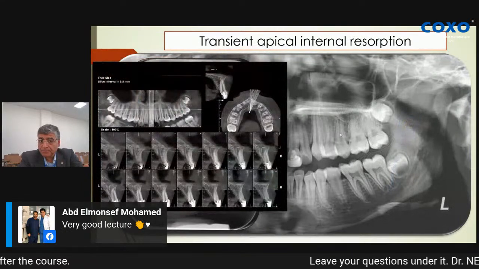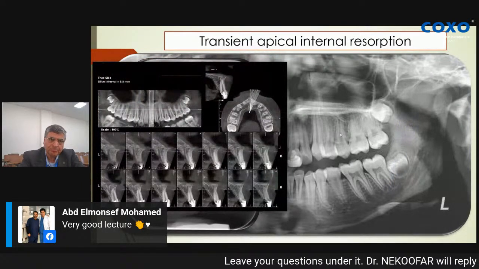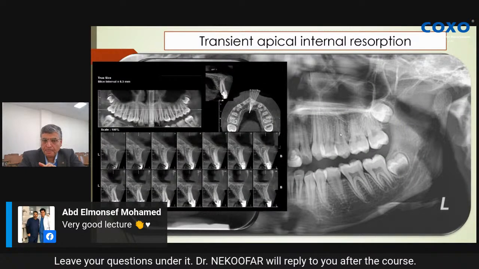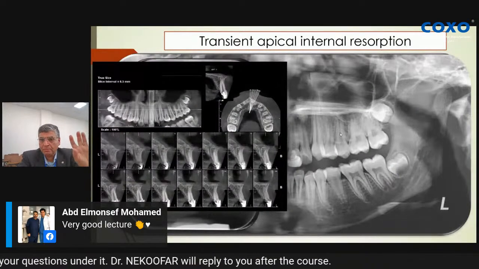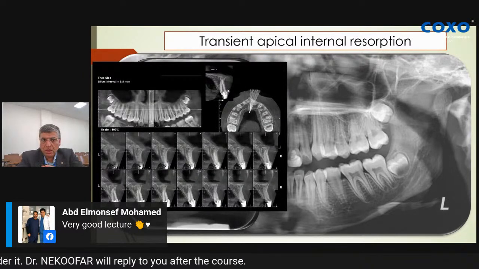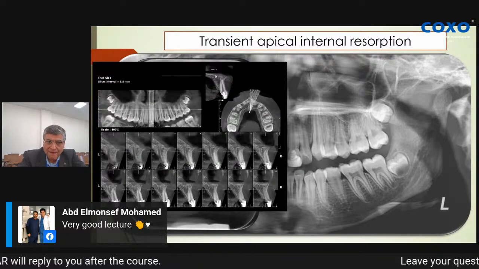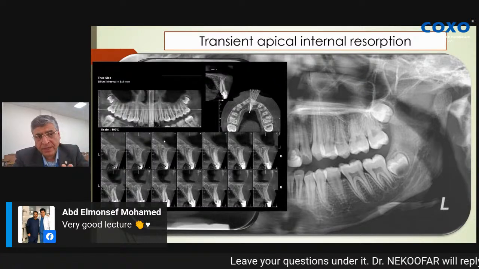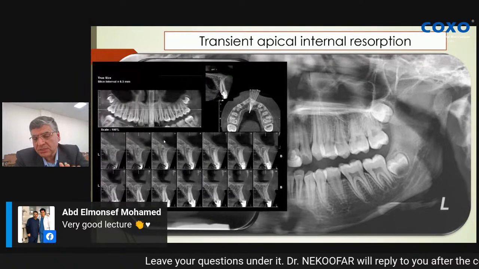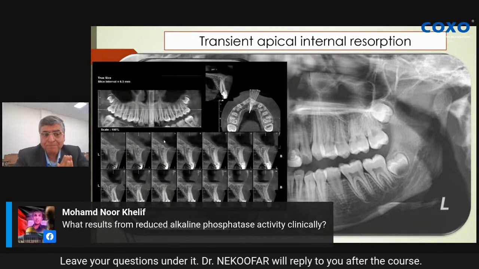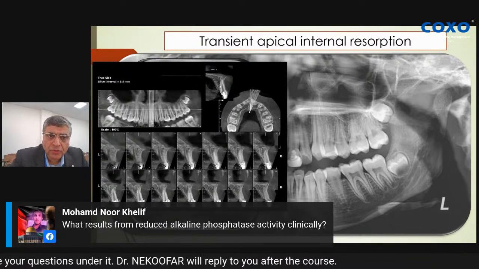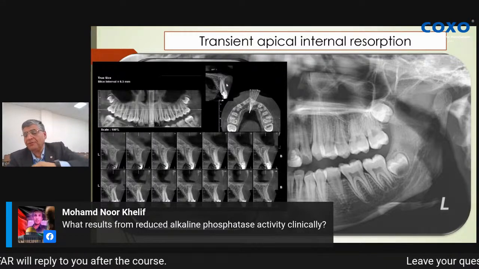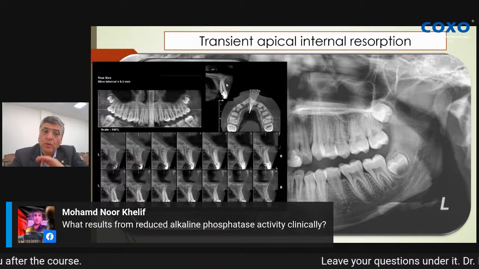And sometimes when the tooth like this one has the history of trauma, I recommend the use of cone beam computed tomography. And then we look at every part of the tooth, and we reduce the slice interval of our CBCT and increase the resolution to make sure that we are looking at the apical part very well prior to initiation of the orthodontic treatment.